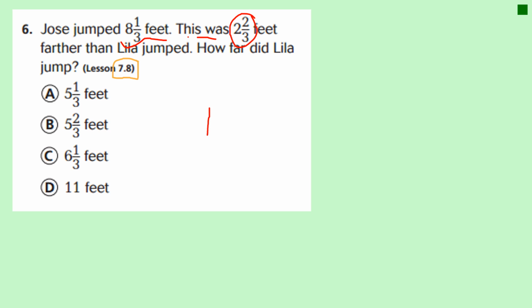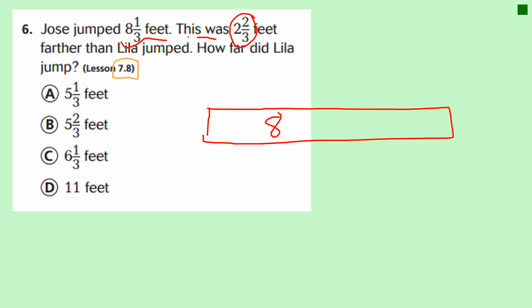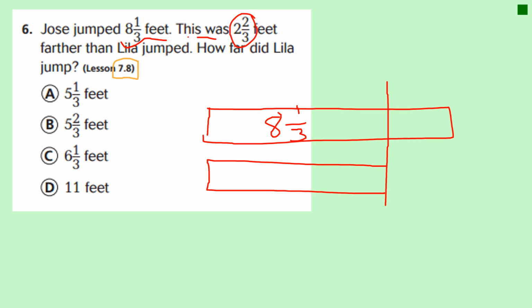All right, so Jose's jump, 8 1/3 feet, and this was 2 2/3 feet farther than Lila. So this is 2 2/3, okay? And this is what Lila jumped.